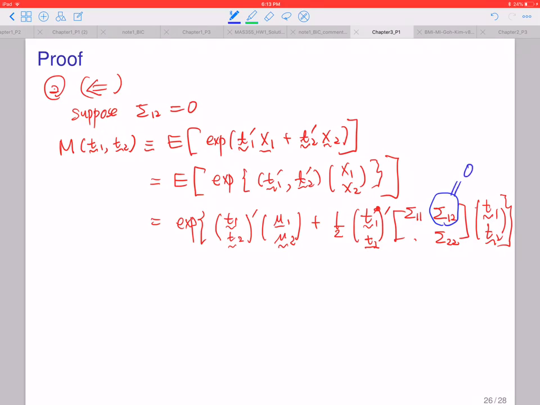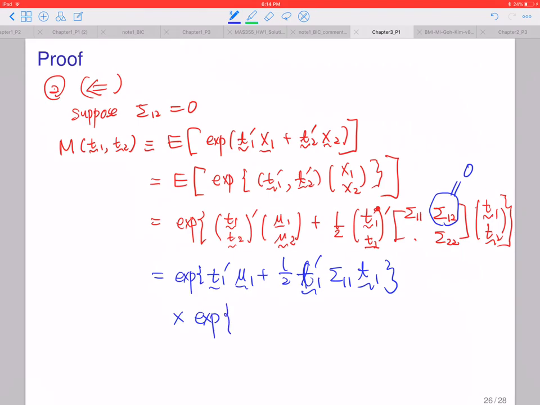If it's 0, then this becomes exponential of T1 prime mu1 plus half T1 prime sigma 1 1 T1, times exponential of T2 prime mu2 plus half T2 prime sigma 2 2 T2.